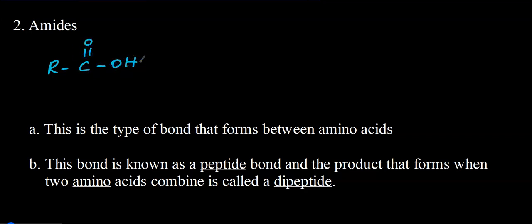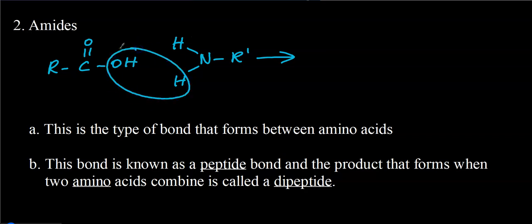So we have our carboxylic acid, and we have our primary amine. Maybe best to show this functional group this way, just so again we can see the formation of the water. So we end up with the hydroxyl group from the acid and one of the hydrogens from the amino group forming our water.